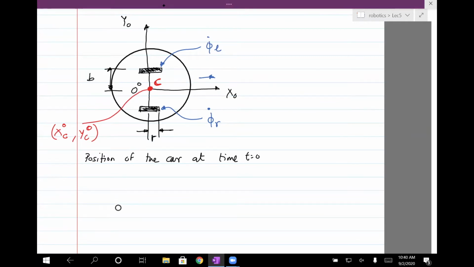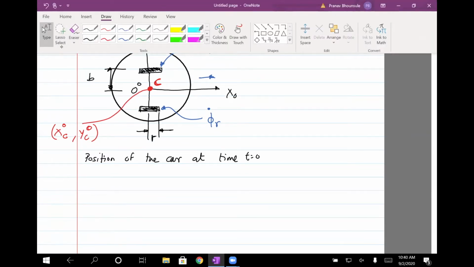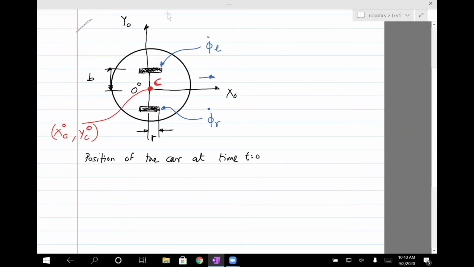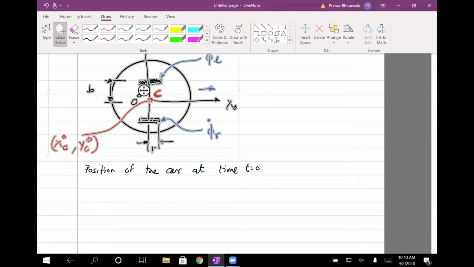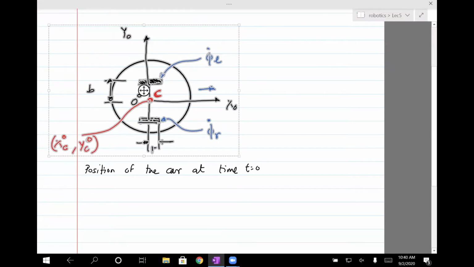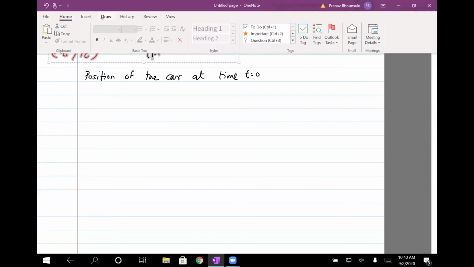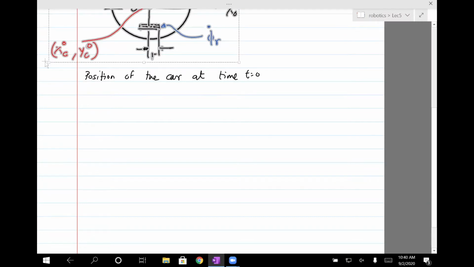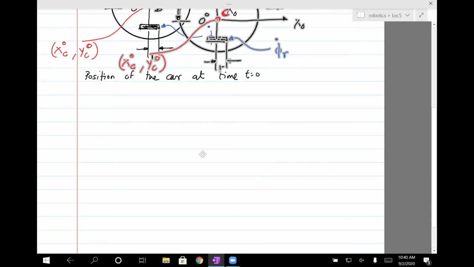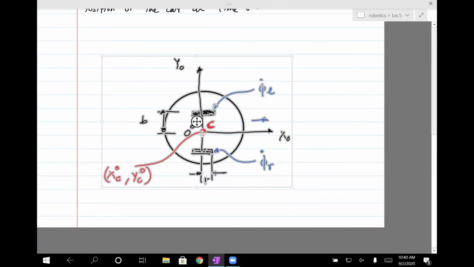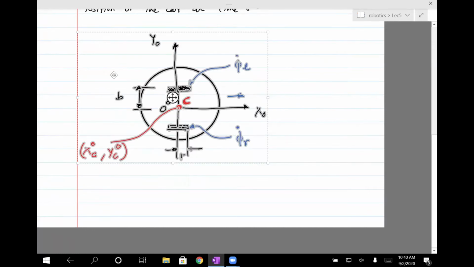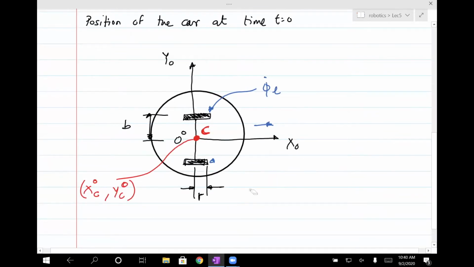Eventually, when the car drives around, it ends up in a different position. So I'm going to essentially copy this and redraw this. I don't think I can rotate it, so I'll have to redraw this thing.